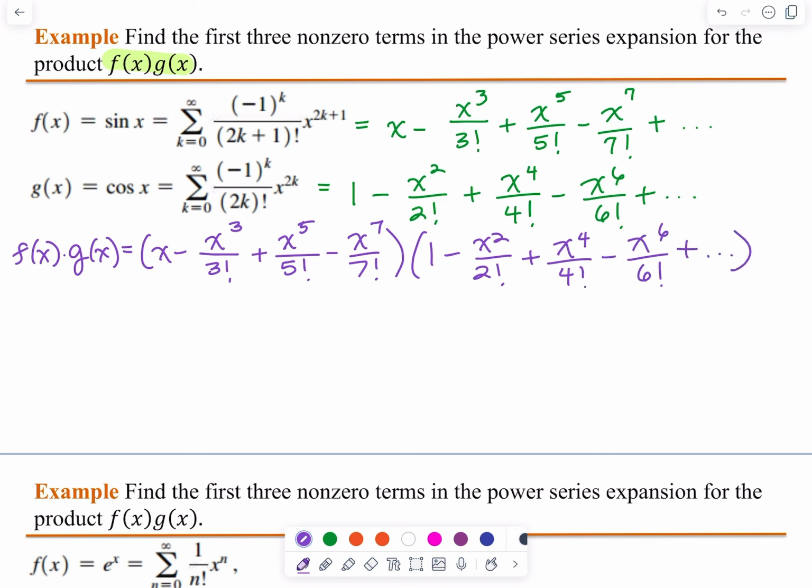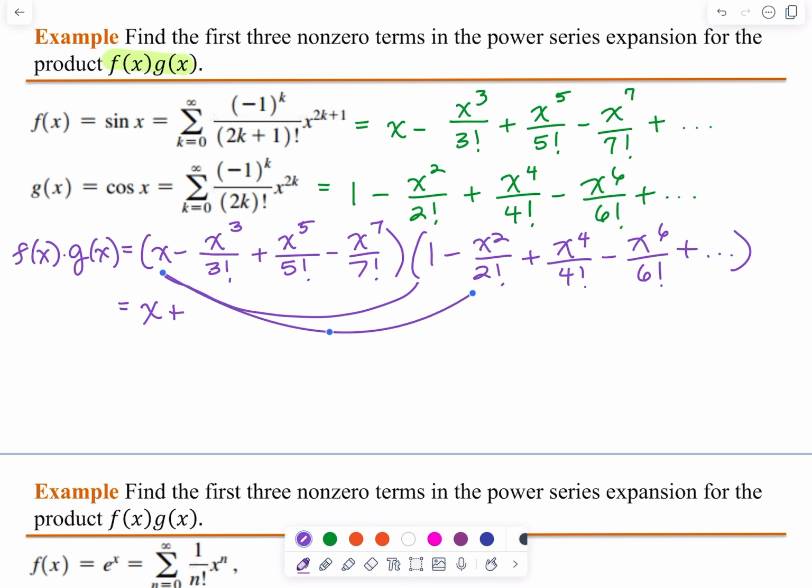Okay, and so now we're going to look at these terms. We're going to look really, really closely. In order to gather our x's, we can only get an x from the x times the 1. That's the only place we're going to get that. So our first term is going to be an x. Now we're going to gather some terms of x cubed, because we will never get an x squared, because this x will go to the 1 multiplied by the 1, and then it's going to be an x cubed term.